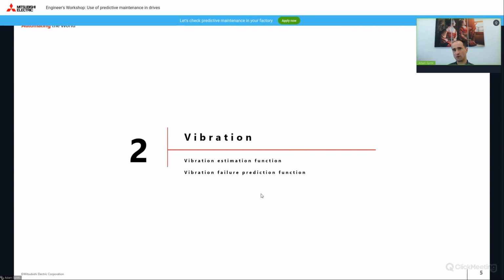So the next thing is the vibration. I think it's one of the most significant things that indicates that something wrong can happen with the axis. If we have the ball screw and we have some backlashes on the linear guides, or if something is not correctly fixed on the axis, this vibration can occur.